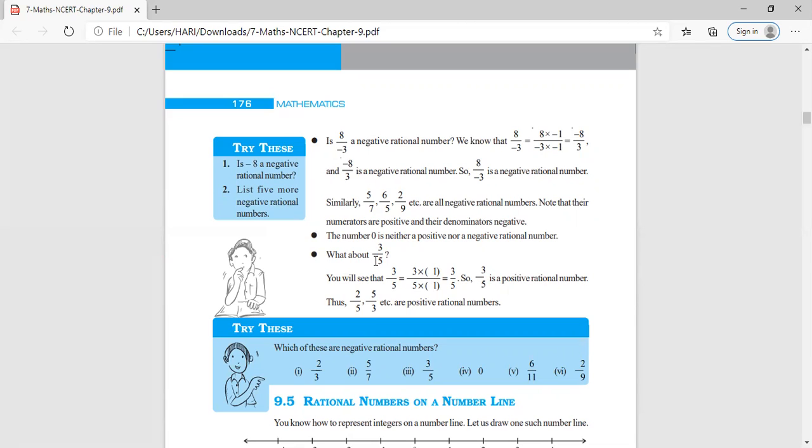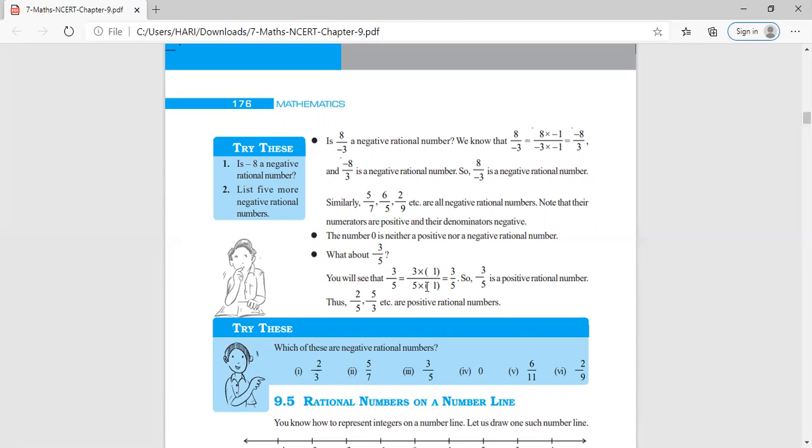Or we can also get the equivalent fraction by multiplying both the numerator and denominator by the same number, minus 1. Here minus 3 by minus 5, we will multiply by minus 1 by minus 1. Minus 3 into minus 1 is going to be 3.